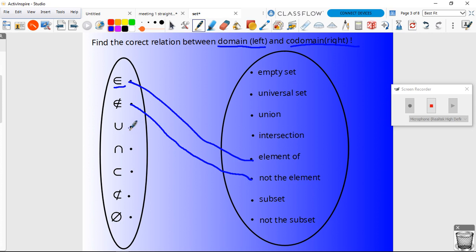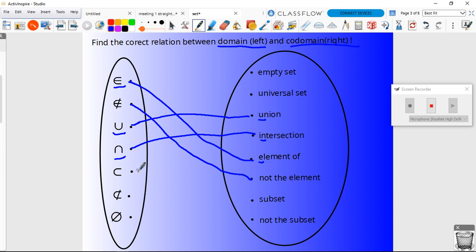And then for U, yeah, that is for the union. And this is like the letter N, but that is not N. That is for intersection. For me, to make it easy to memorize, I will use U for union, N for intersection, and the epsilon for element.